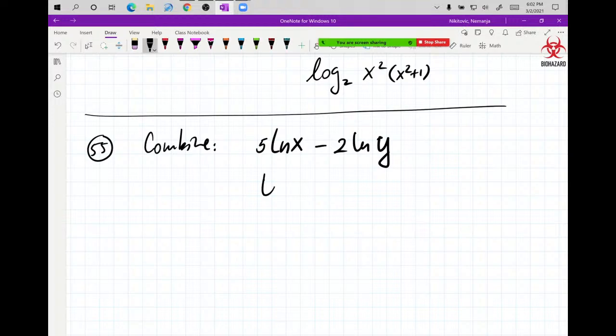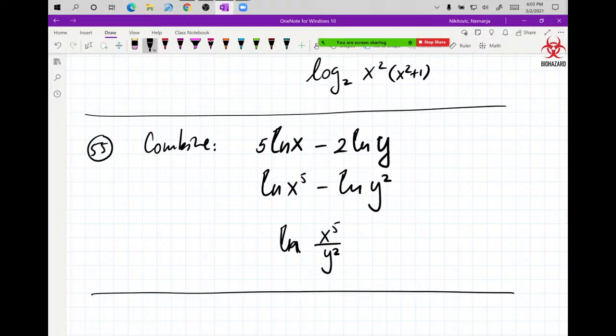So this becomes ln x to the 5 minus ln y squared. At this point it's a subtraction, so you can combine this into a single ln. So we have ln of x to the 5 divided by y squared, and we're done.